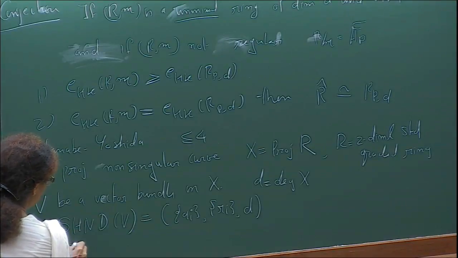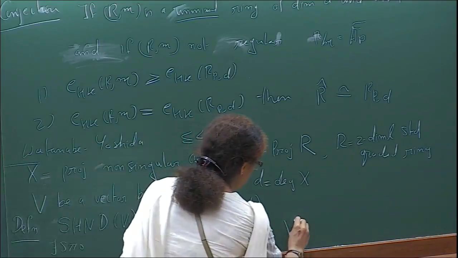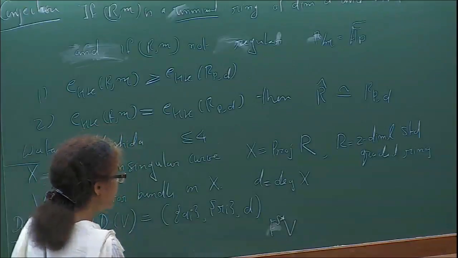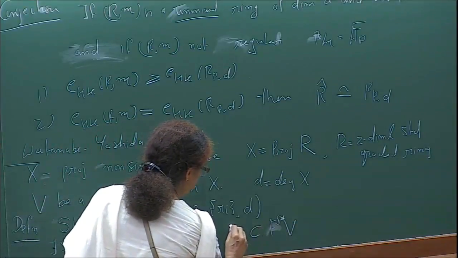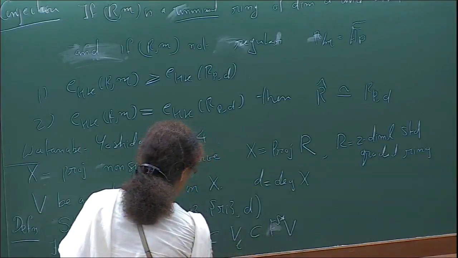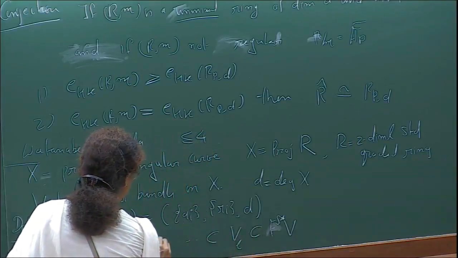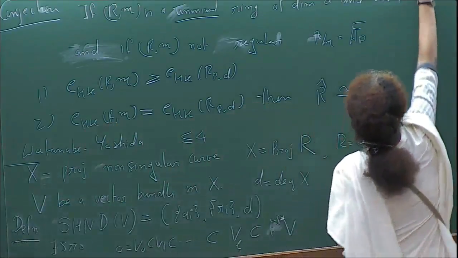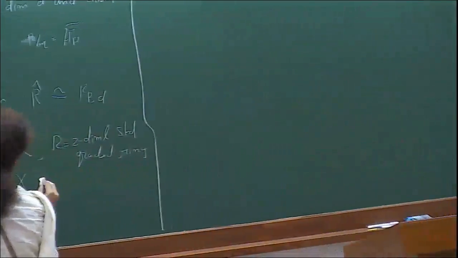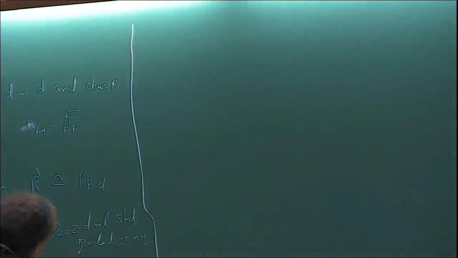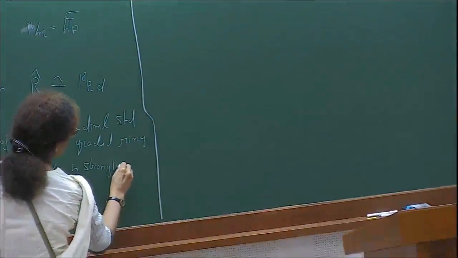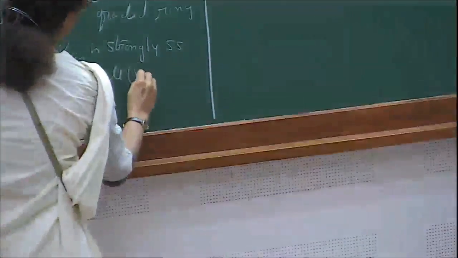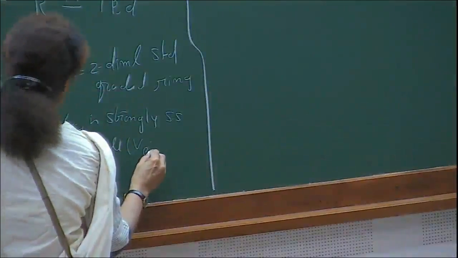There exists some s large enough such that if I take a sufficiently large Frobenius pullback of V, it will have an HN filtration of this type, V_L, V_0, V_1, where V_i upon V_{i-1} is strongly semi-stable, and mu of V_i is greater than mu of V_{i+1}.